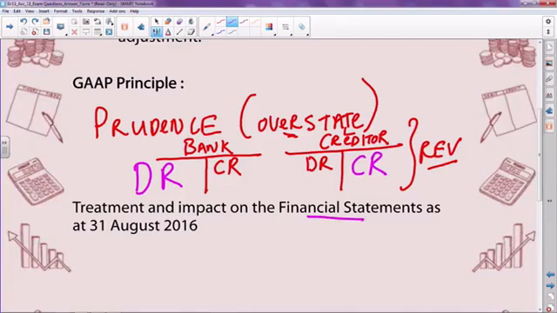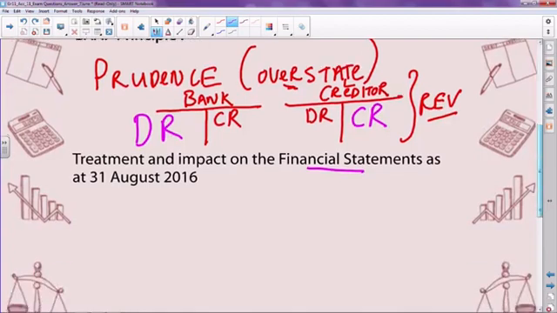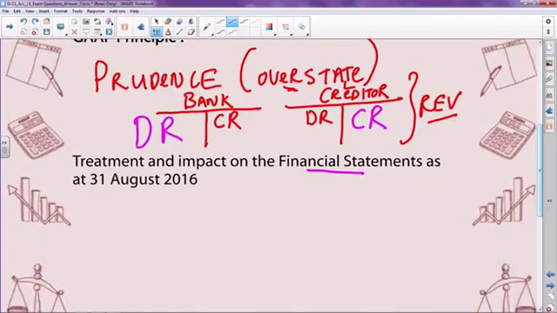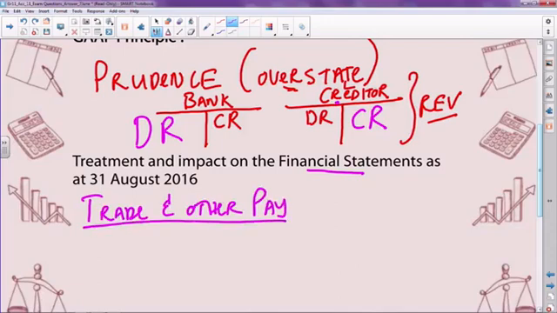Remember, guys, this was basically an explanation. In terms of your financial statements, let's start with creditors first. Creditors is shown under trade and other payables. What will now happen to trade and other payables? By crediting, or by reversing this entry, it simply means you will now increase.